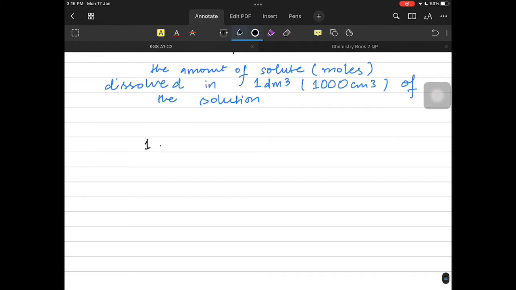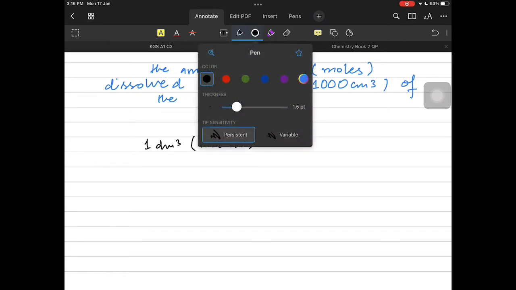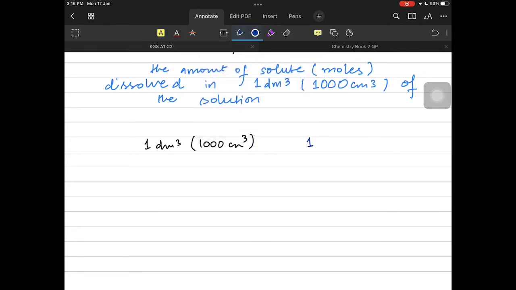For instance, I have 1 decimeter cube of a solution, for example, sodium chloride solution, which has 1000 centimeter cube. And I say that I dissolve 1.5 moles of, for example, NaCl over here. Now 1.5 mole is dissolved in 1 decimeter cube. So the concentration is 1.5 mole per decimeter cube.